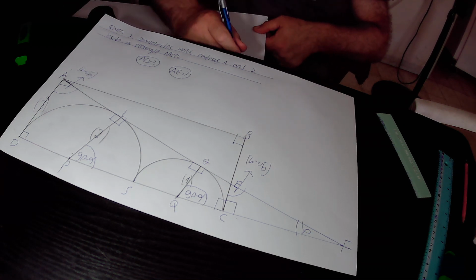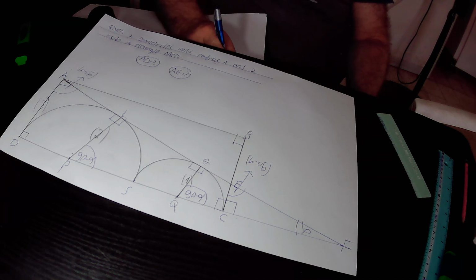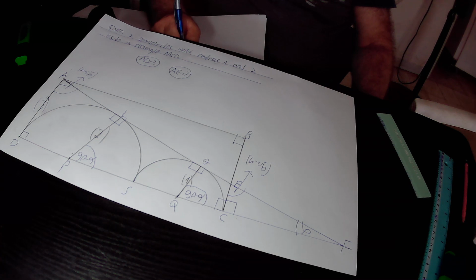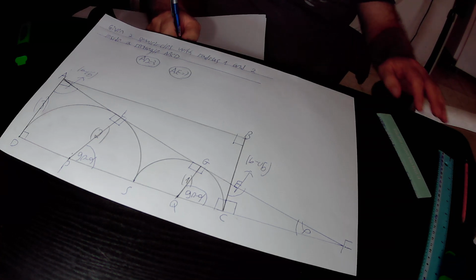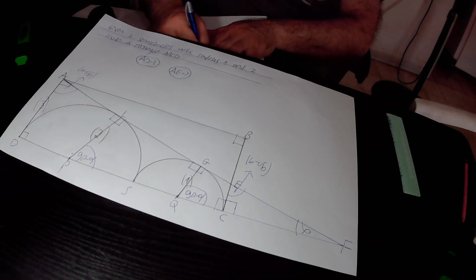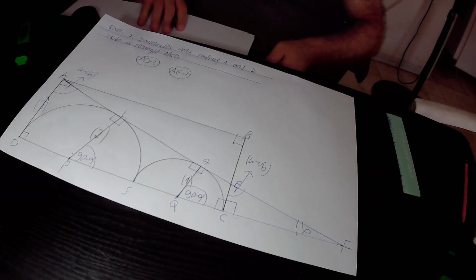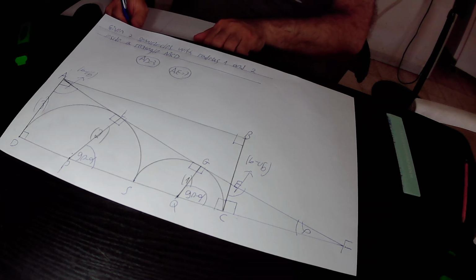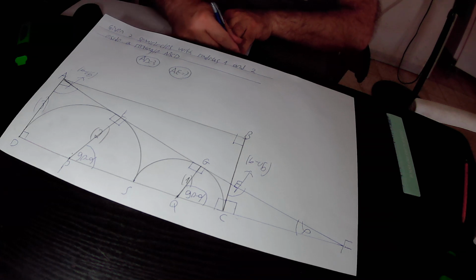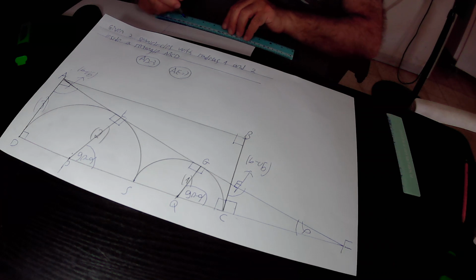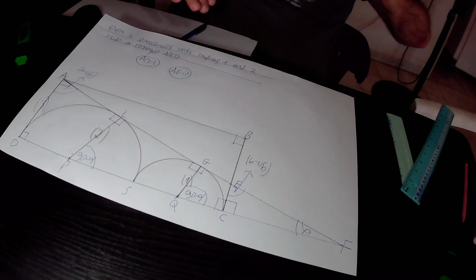We prove that the big right triangle LPF is similar to the small right triangle GQF. So why are those two right triangles similar to each other?